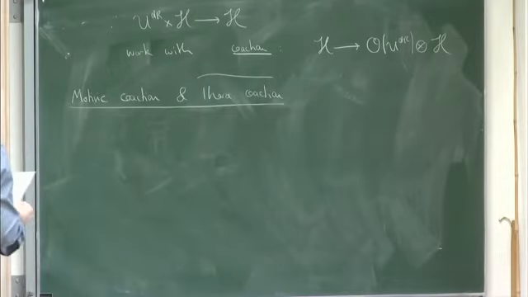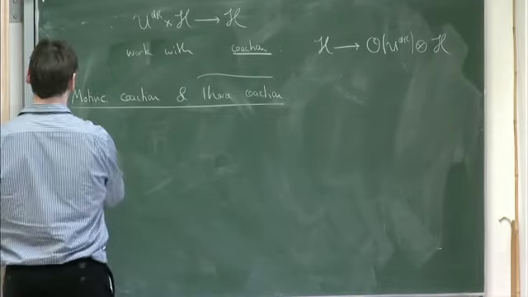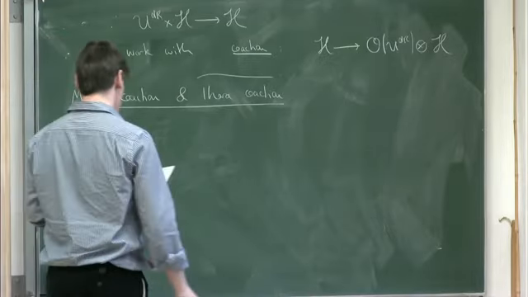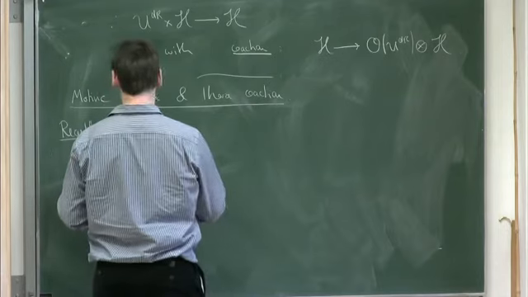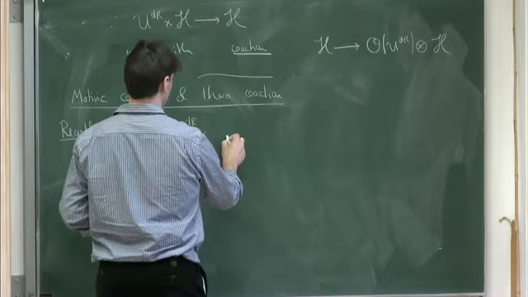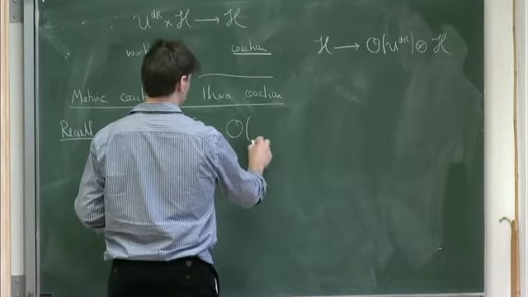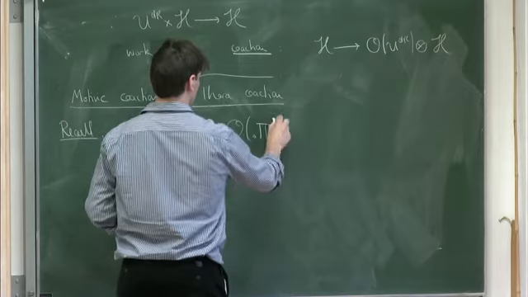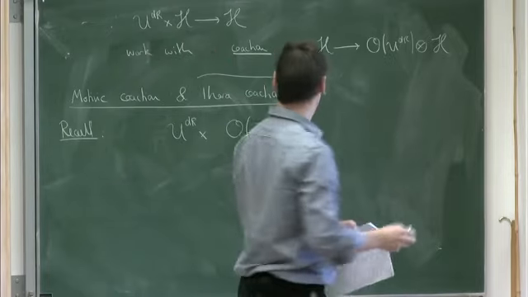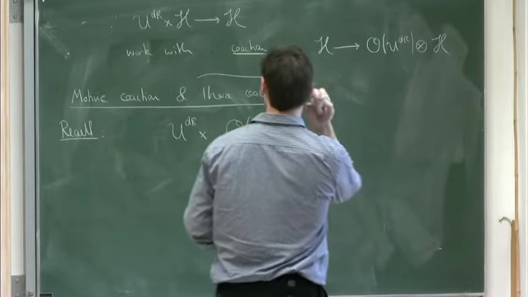Okay, so let me recall yet again the setup. A priori we have U de Rham acting on H. Is H self-dual? No, I'm just saying something stupid.